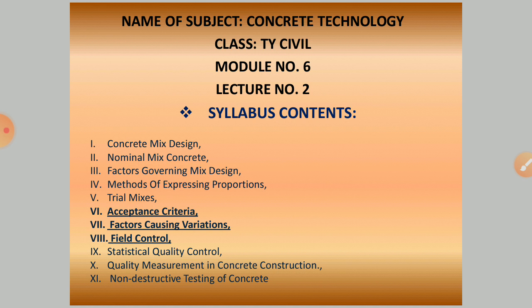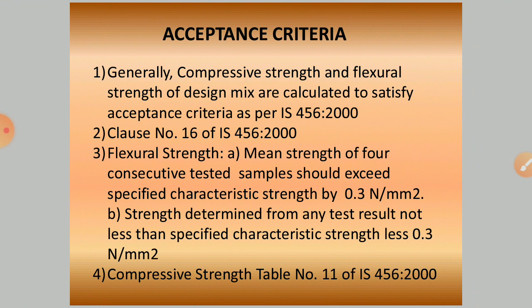Now in this lecture I am going to discuss three factors: acceptance criteria, factors causing variations, and field control. First of all, we will see what is acceptance criteria.